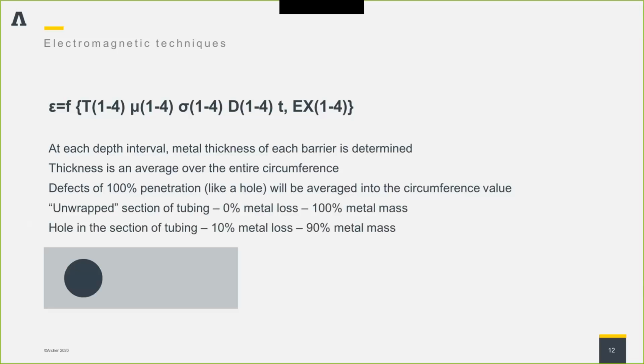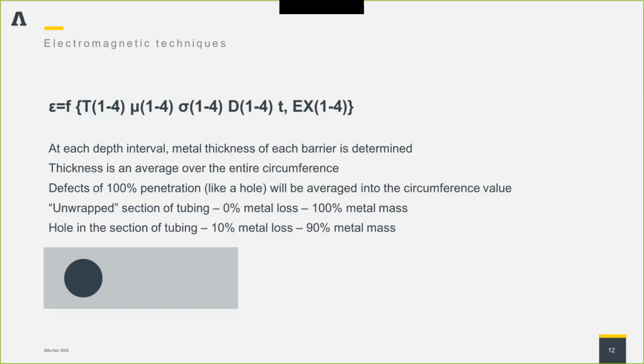If we put a hole in that tubing, equating to 10% of the total metal loss of that depth sample, 90% metal mass, that hole may go all the way through, but it's going to be averaged out into the reading.